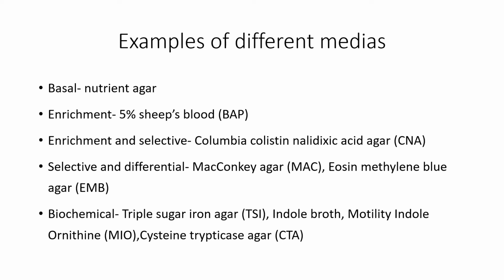And then we have biochemical media, and there's a whole array of different biochemical or metabolic media. One such example is triple sugar iron agar that contains lactose, sucrose, and glucose, and also H2S indicators. We also have indole broths, motility indole ornithine slants. We have cystine trypticase agars or CTAs, which have virtually no meat or plant carbohydrates.